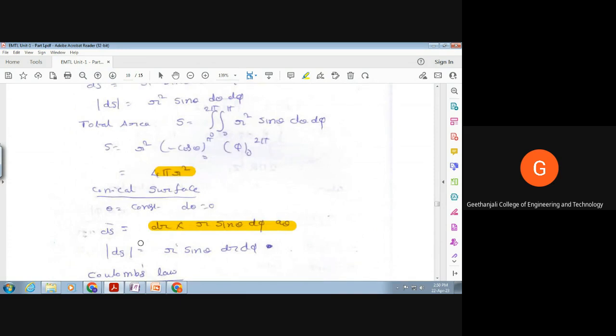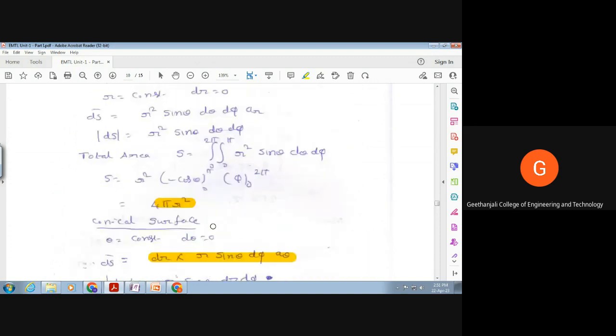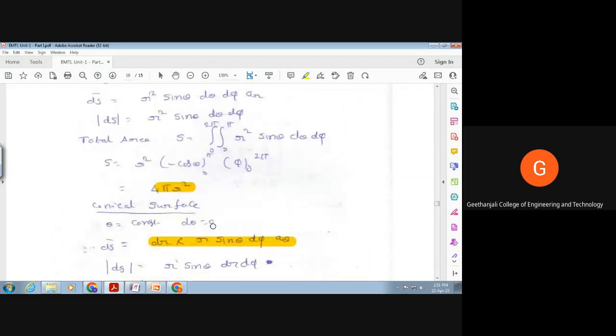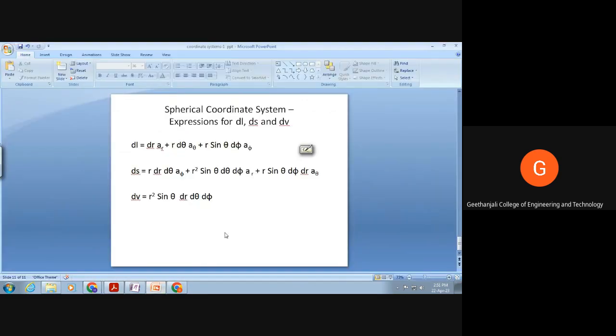And of course, by integrating this one, you get the total area of the cone. Theta is constant, phi varies from 0 to 2 pi, and r varies from 0 to a certain value, let us say capital R. So this is all about the spherical coordinate system.